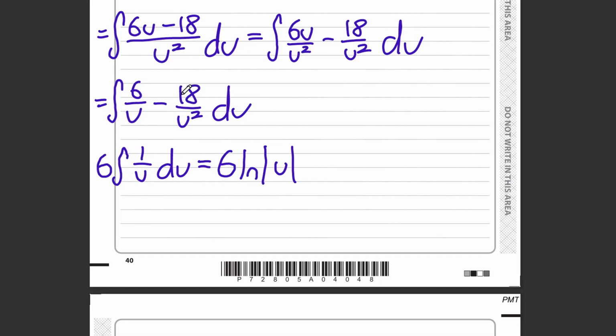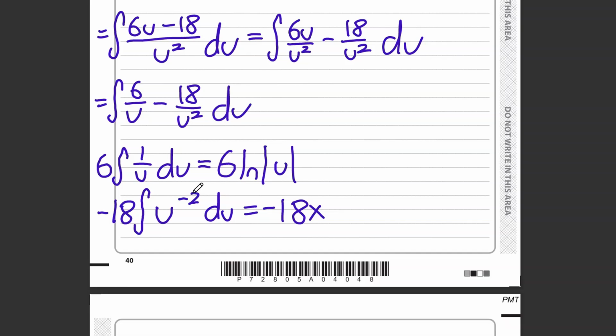If we focus on the minus 18 over u squared, again I'm going to take the minus 18 out of the integral, and then it's the integral of 1 over u squared. I'm going to rewrite this as u to the power of minus 2 because this is easier to integrate. So this is minus 18 multiplied by the integral of u to the power of minus 2.